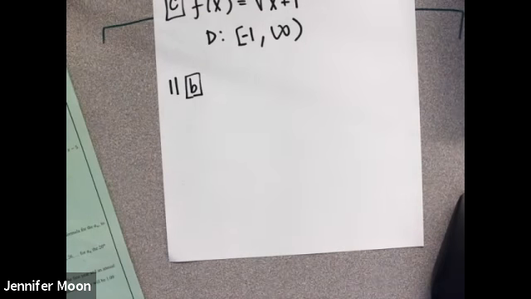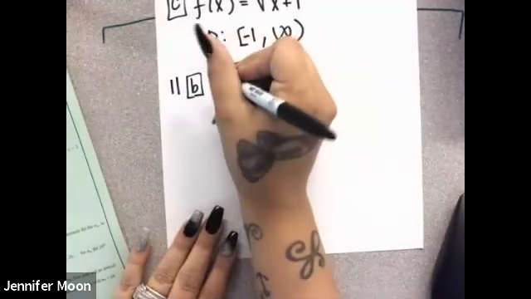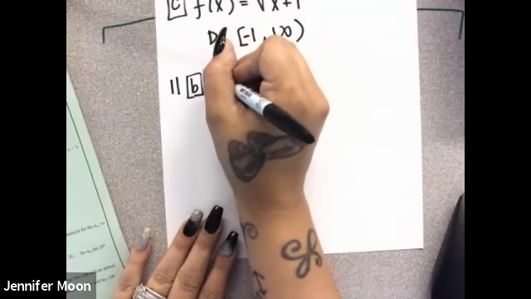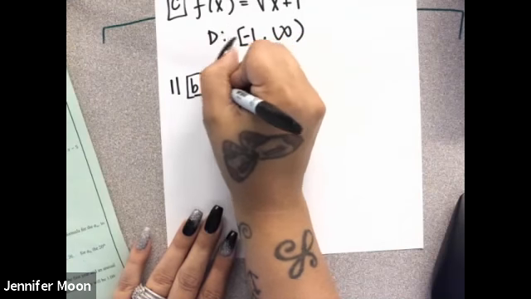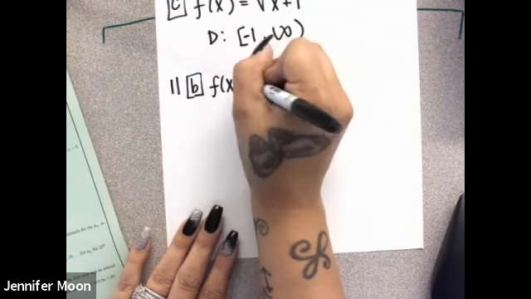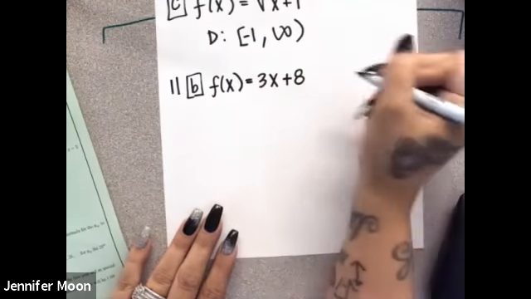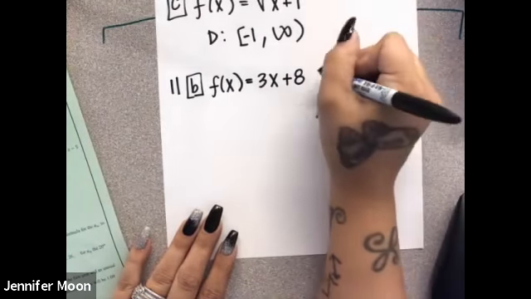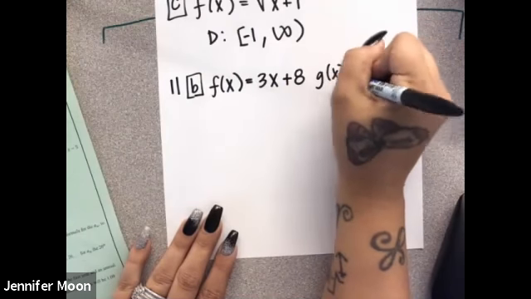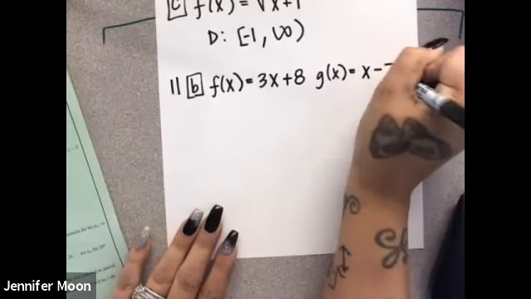So quite literally, you're going to use the functions that they give us, and then there's just a bunch of algebra. Not even really a bunch, but there's enough to where you need to make sure that you can solve them. For my b, I have f of x equals 3x plus 8. And then for my g of x function, I have x minus 7.